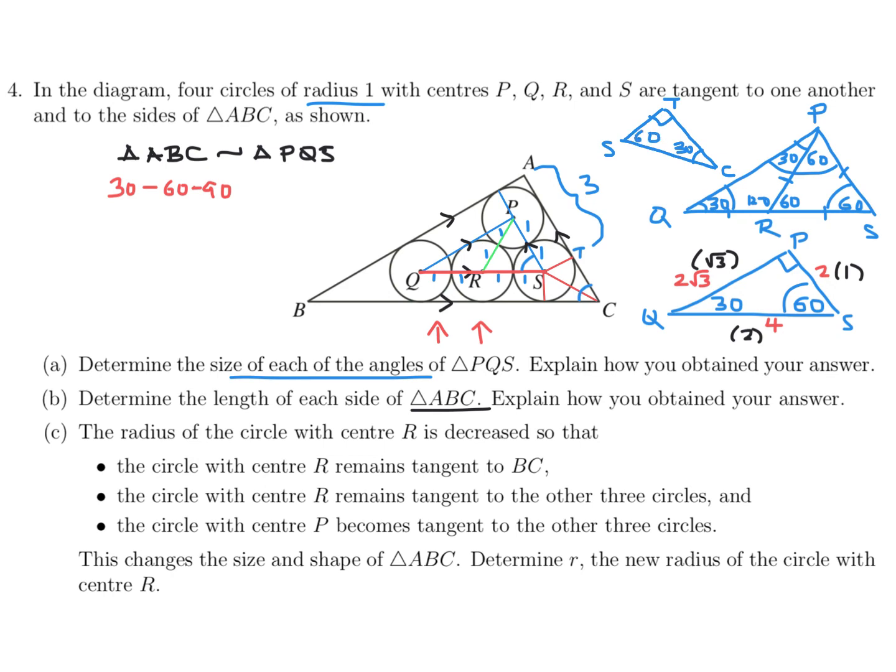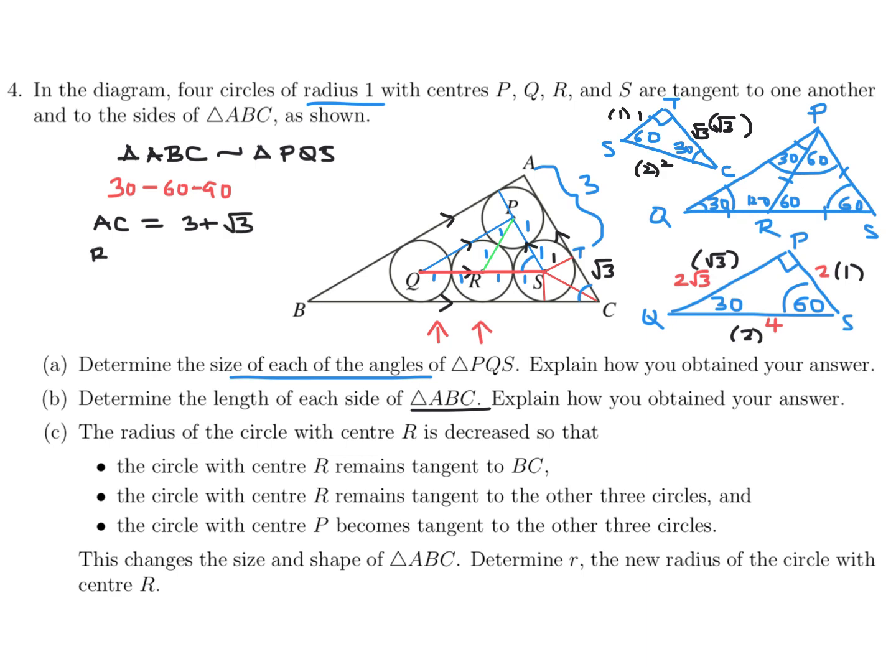So again, we have a 30, 60, 90 triangle. And the ratio of the sides again are 2, 1, and root 3. And since we know that this actual length is 1, this actual length is 2, and this actual length is root 3. So therefore, T to C is root 3. So therefore, AC is 3 plus root 3.